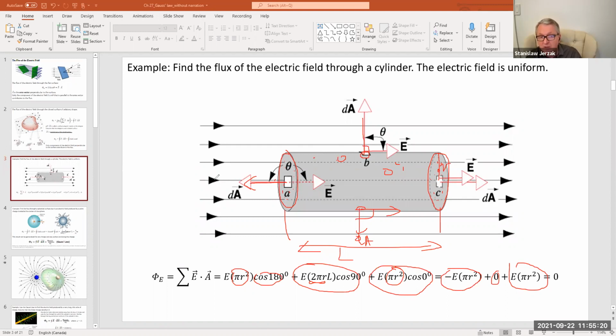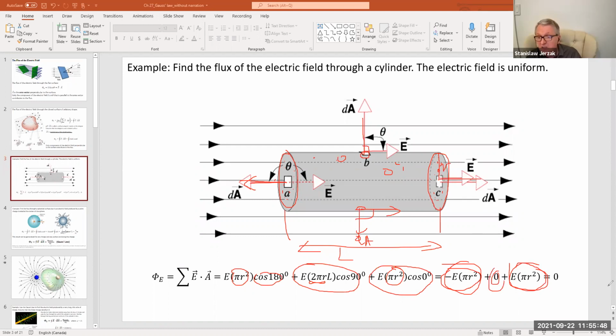So here the electric field through this circle enters the cylinder, and that flux is negative, and here the electric field is leaving the cylinder, and that flux is positive. The side surface contribution is 0.